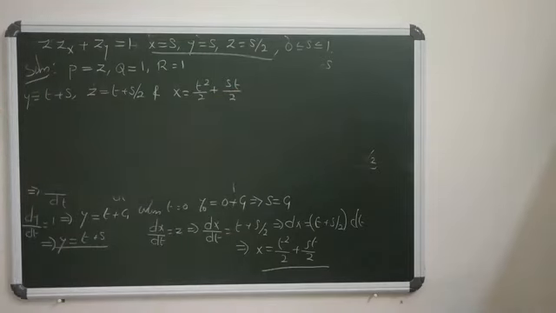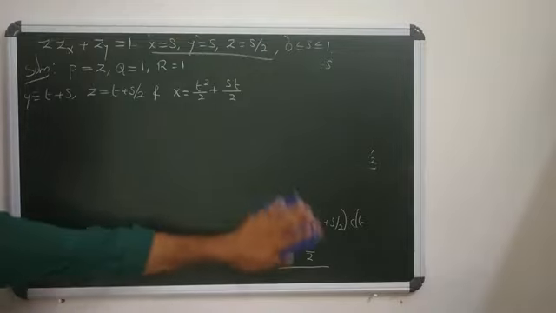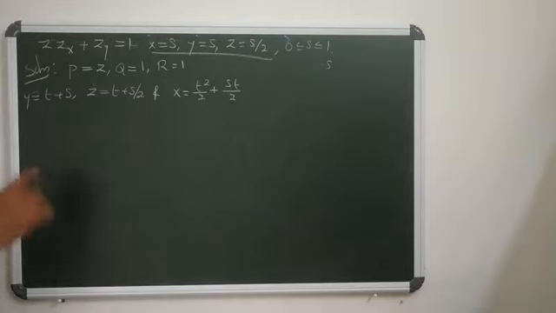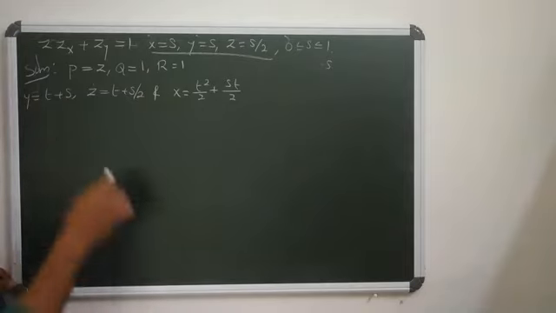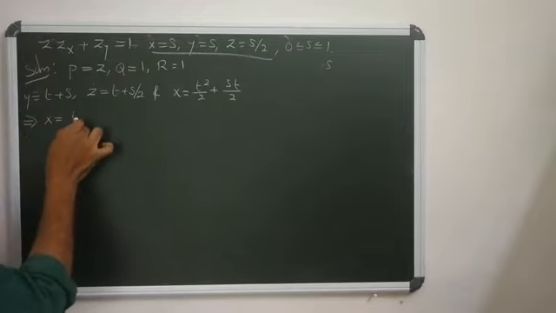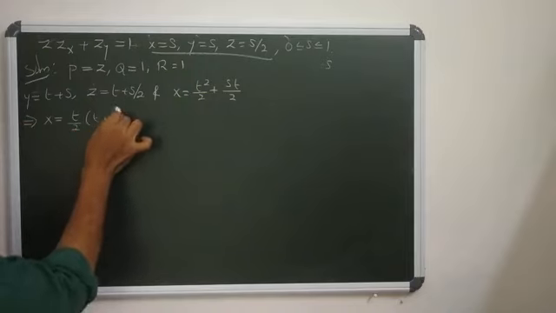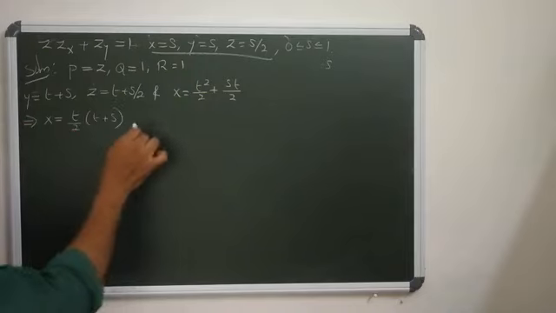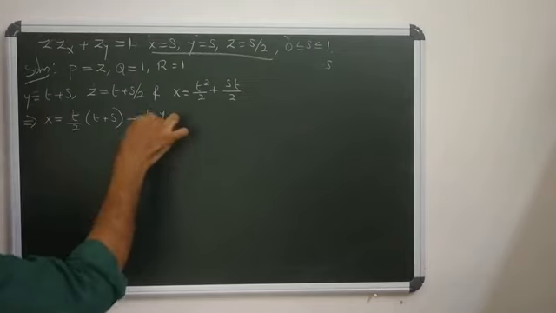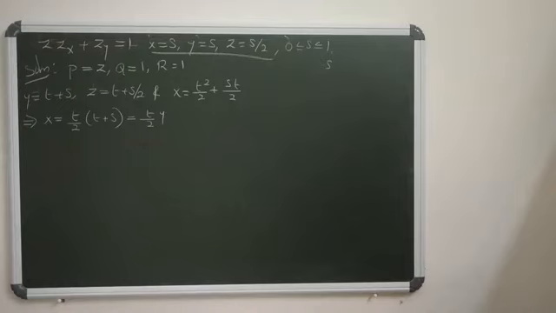Then you can solve for t and s in terms of x and y. So x equals t by 2 into t plus s. What is t plus s? That is y. So x equals t by 2 into y.